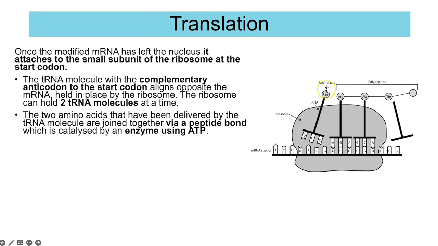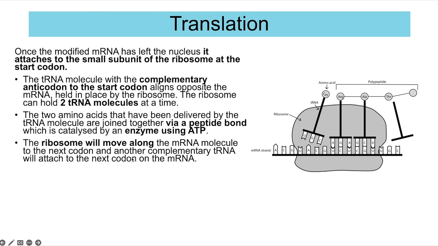The 2 amino acids at the top of the tRNA molecules are therefore delivered, and it is specific based on the anticodon and the codon, and they are then able to join via a peptide bond. This requires an enzyme, and it also requires energy released from ATP to form that peptide bond.